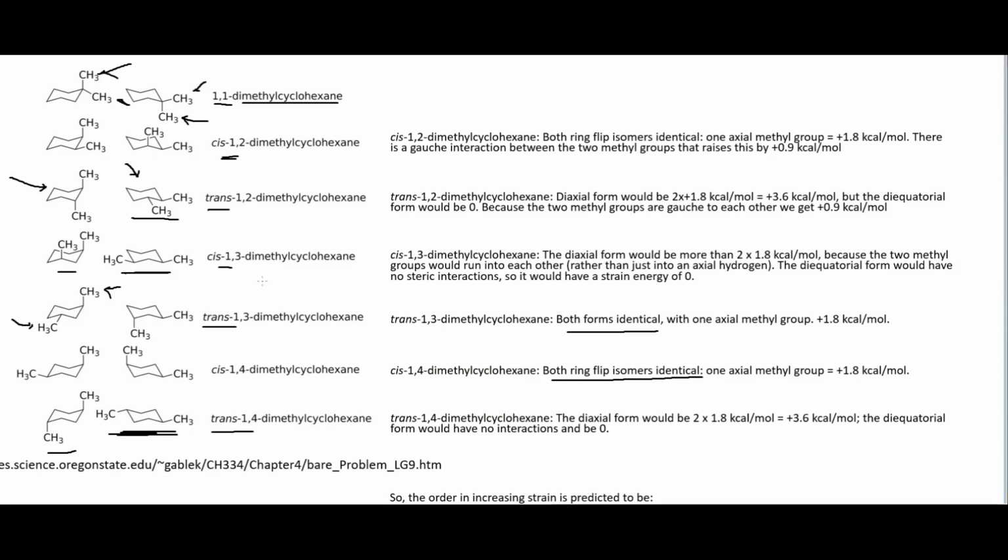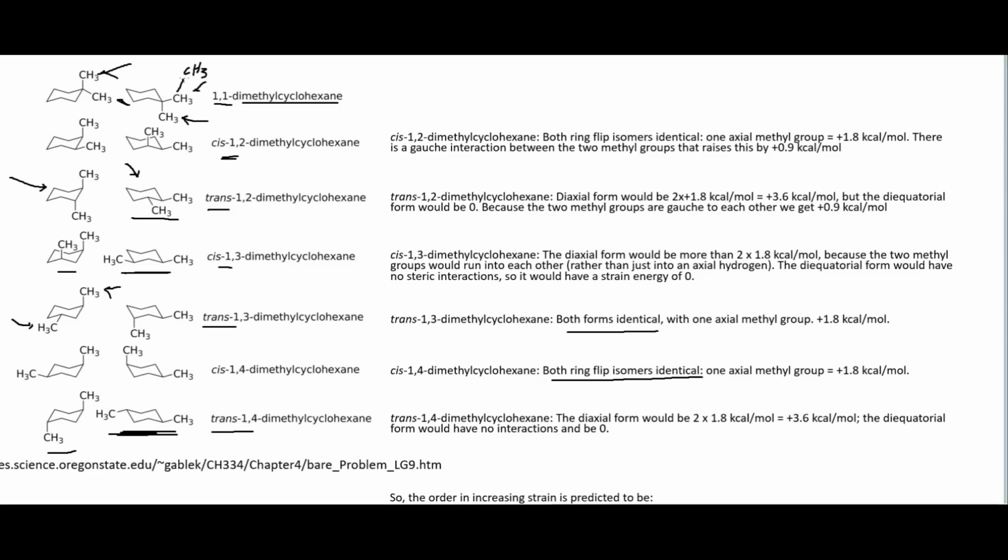And so, yeah, that's just a little bit of looking at having these single methyl substituents. So then if we start making one of these substituents larger, so if we make one of them into an ethyl group, for instance with the 1,1 right here, then what you're going to see is that the ethyl group is going to be in the equatorial position.